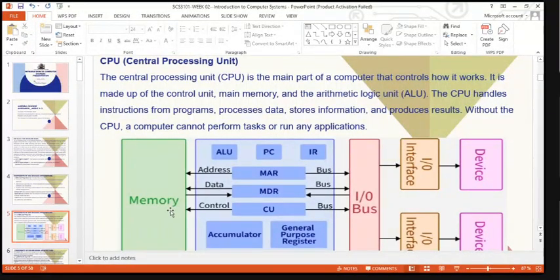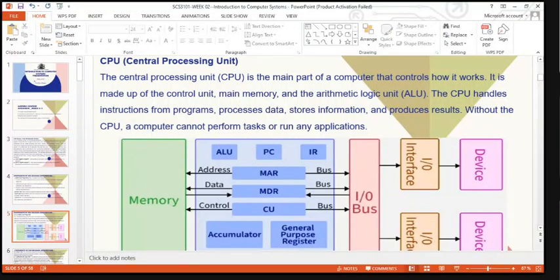So this is the architecture of the CPU. We have the memory for storage, then the address, the data, and the control. This is the PC, and this is the instruction register. You're going to understand this as we proceed with the session.